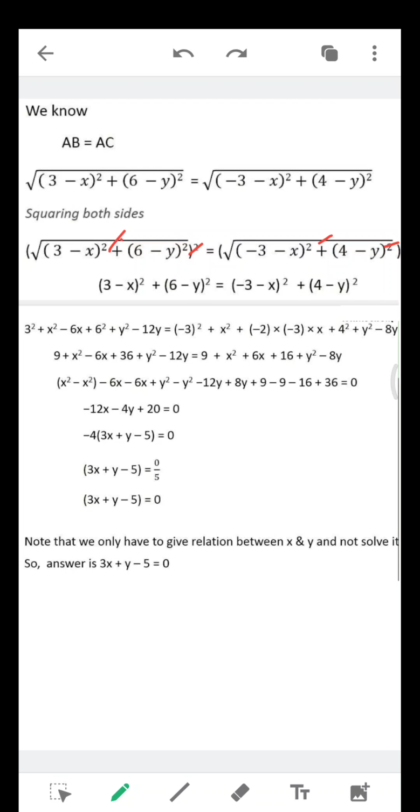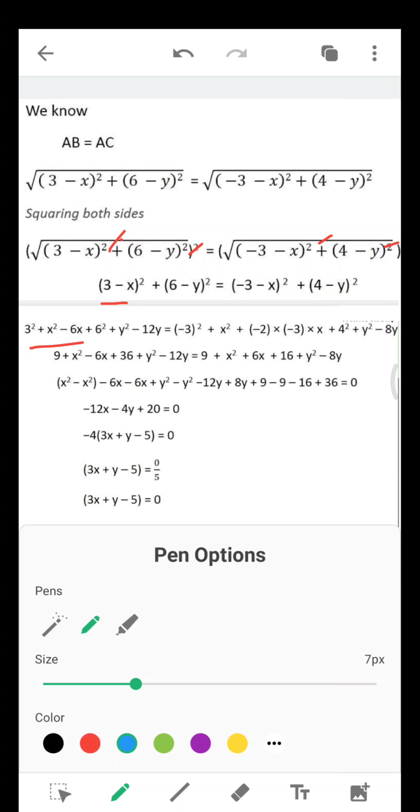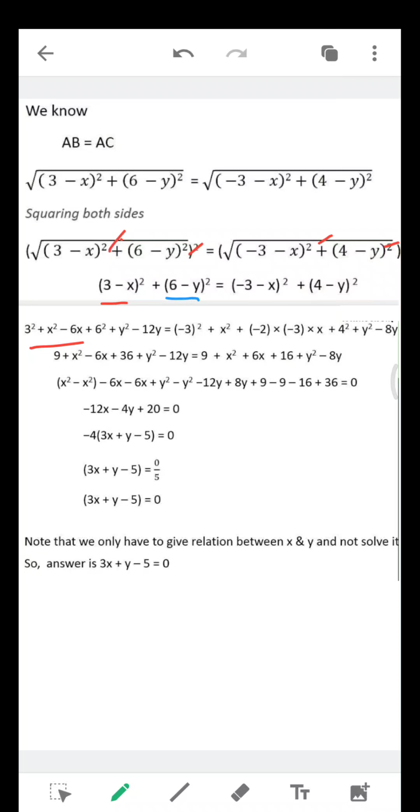So when you expand, the first one gives these 3 terms, and if I expand the second one, we'll get these 3 terms, 6 square plus y square minus 12y. Which formula are we using here? a minus b whole square, which you have done: a square plus b square minus 2ab.